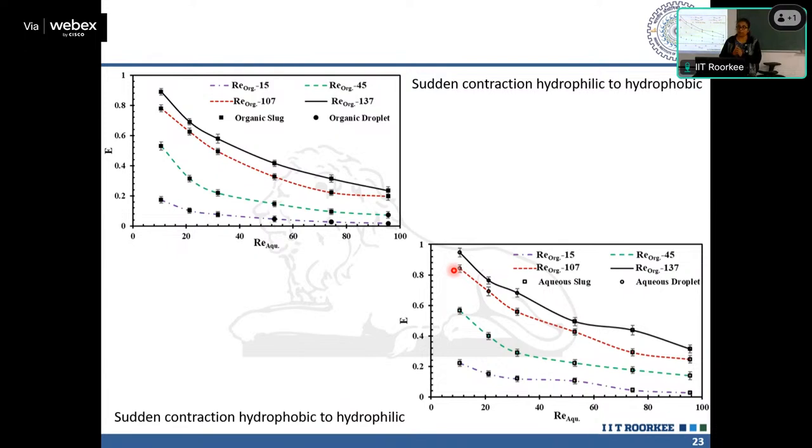If you take a sudden contraction, you have to look at what your phases are, which is your viscous media and which is your low viscous media. So if you wish to have a slug of low viscous media, what will be the contact angle of the solid wall, that you have to figure out. So you have to design in that way. For our case, we can say it's hydrophobic and hydrophilic, and we have taken water and toluene.